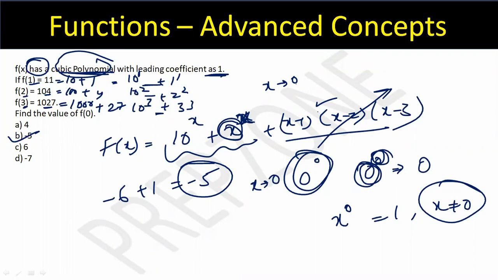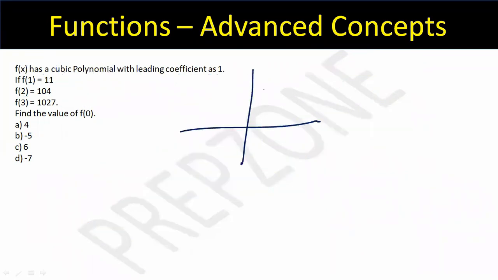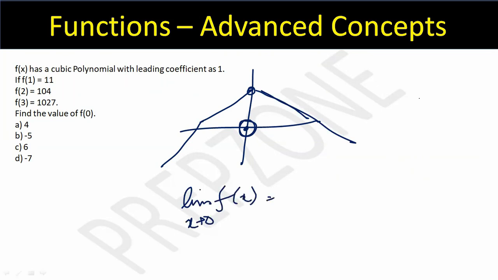So maybe let me just give you one graph and you'll be more clear. I have a graph here. The value is not defined here. The value is defined here. This is the graph of a function. So here, limit x tending to 0 for f of x is what? I'm saying, see, the left hand limit and right hand limit are converging to the value 1, right?